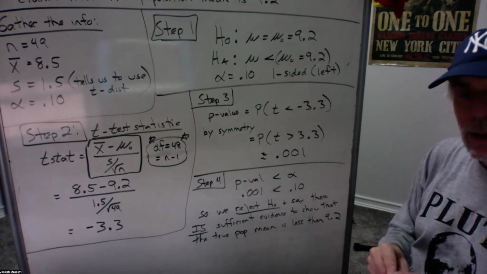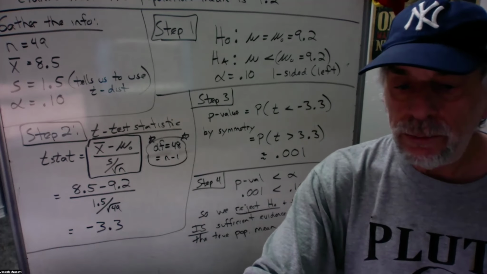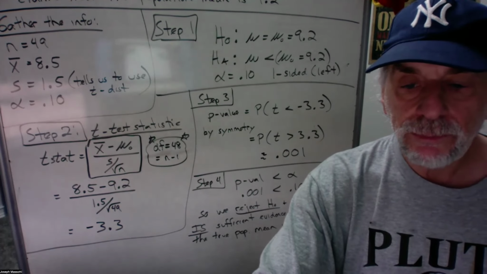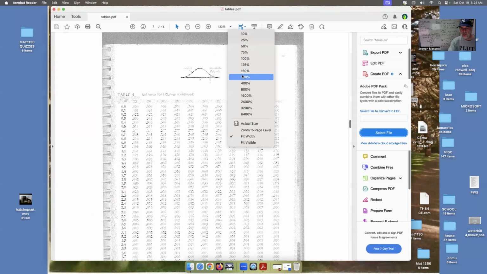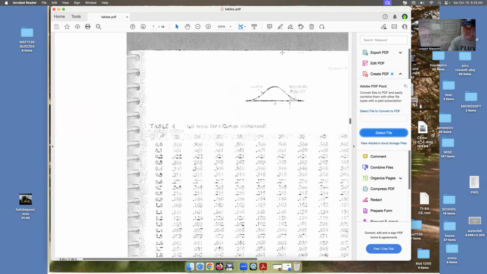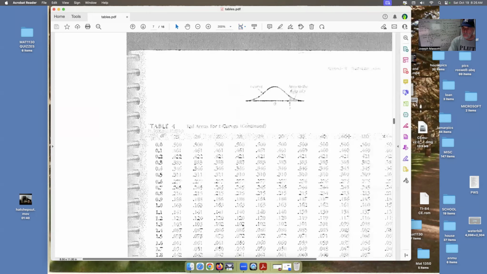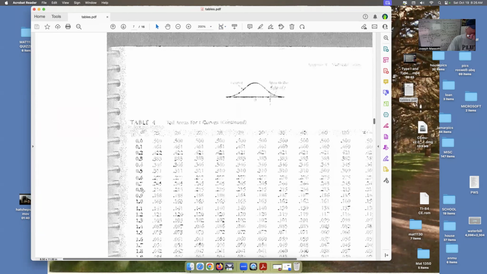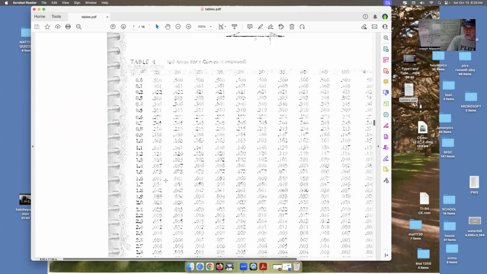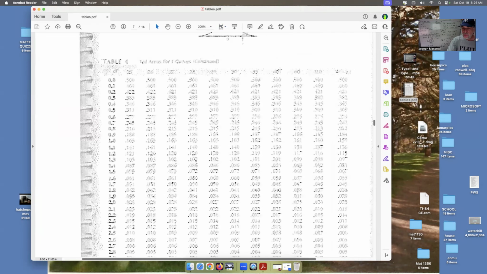Now, again, remember the t-table is set up for probabilities above the t that we look up in the table here. If I can make this larger. Doesn't really help too much. Anyway, if we want the probability that t is less than negative 3.3, this only gives us positive t values. Again, we know the curve is symmetric. We're going to use 40 degrees of freedom, right?